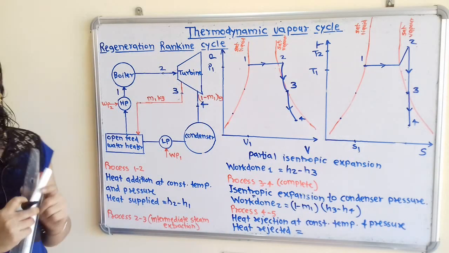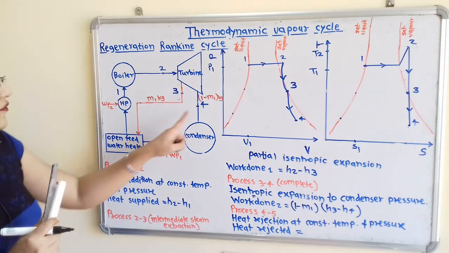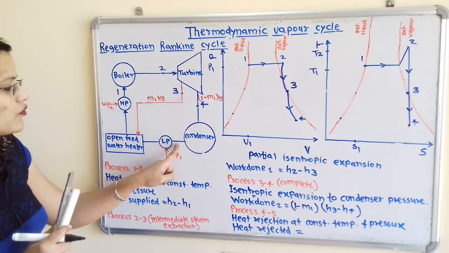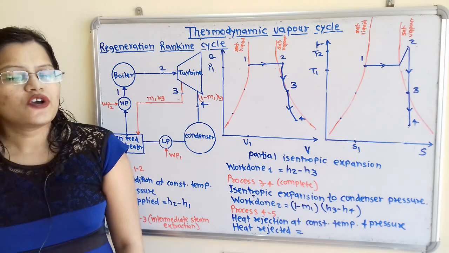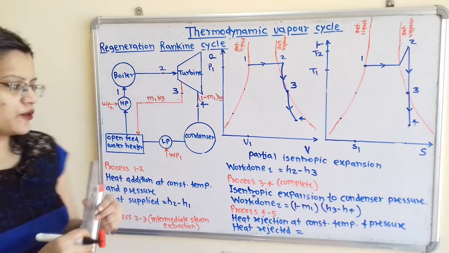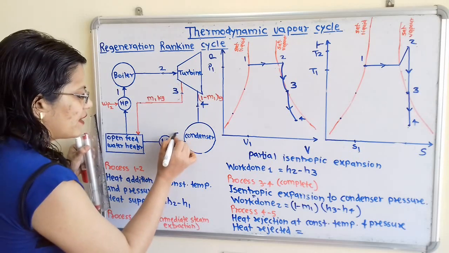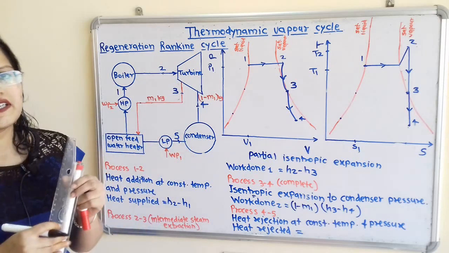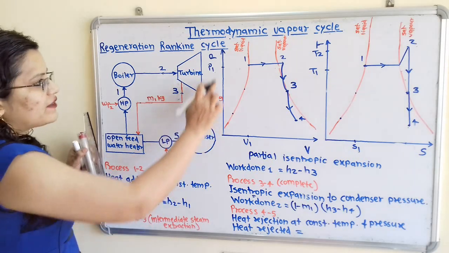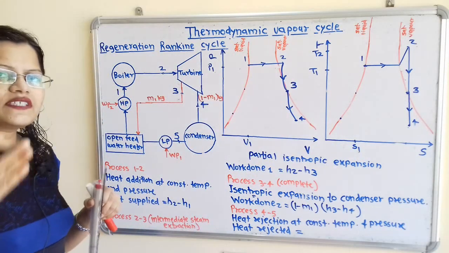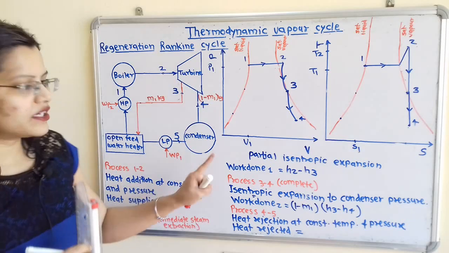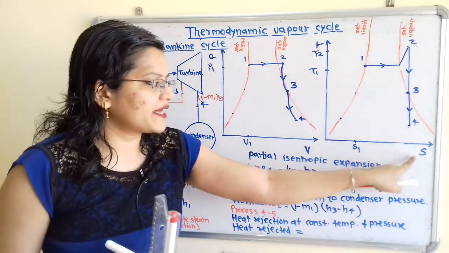Now we will move for the next process. So process 4 to 5. So process 4 to 5 is taking place in the condenser, that is cooling process, or we can say heat rejection process. So I will show here point 5. But this heat rejection process is taking place at constant pressure and constant temperature. So what is the effect of cooling on other parameters, that is for volume and entropy?